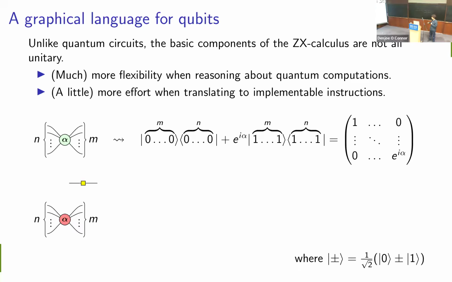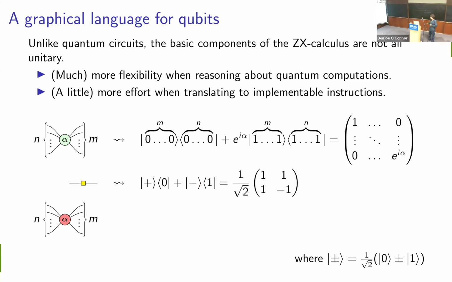If you want to write it all as one big matrix, we end up with a 1 in the top left corner and e to the i alpha in the bottom right corner and zeros everywhere else. So this is a very broad family of operations. As I said, they're not necessarily directly implementable, but they're really useful from a theoretical perspective.